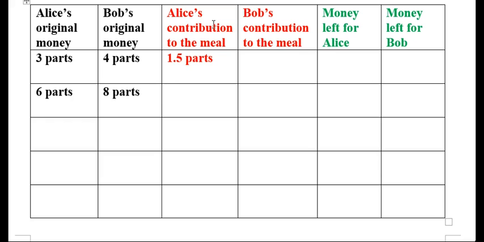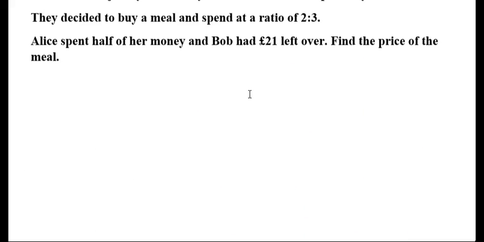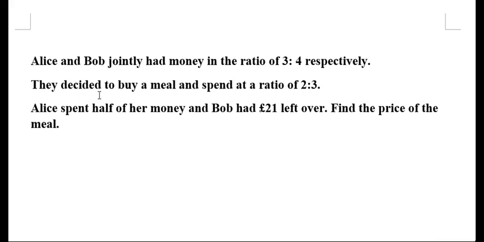Could Alice contribute half of her money for the meal? So her contribution would be 3 parts of money. When they buy the meal, the problem says they decide to buy the meal at the ratio of 2 to 3.